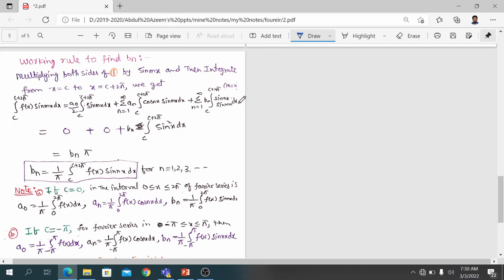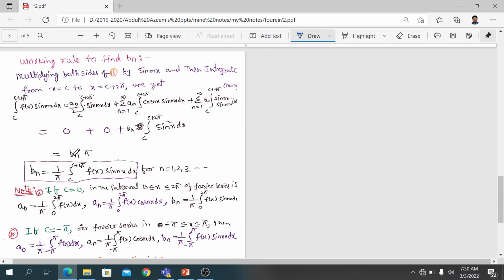sin mx dx. So the first value becomes 0 as we have seen, the cos nx sin mx term we have seen is 0, plus bn integration c to c plus 2 pi, it becomes sin square x. So when we apply this limit, we will get only pi as we have seen.